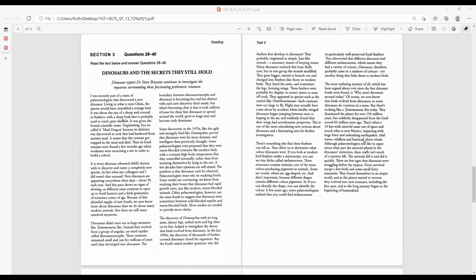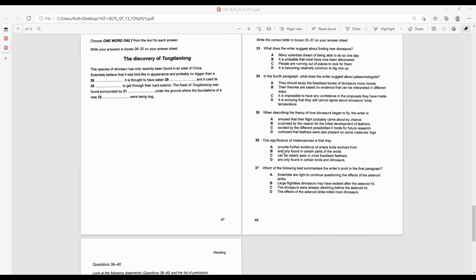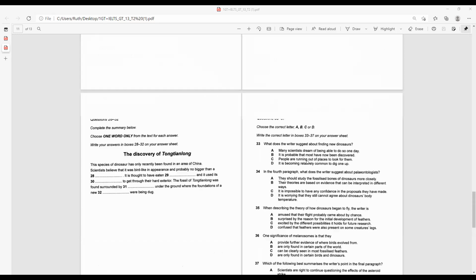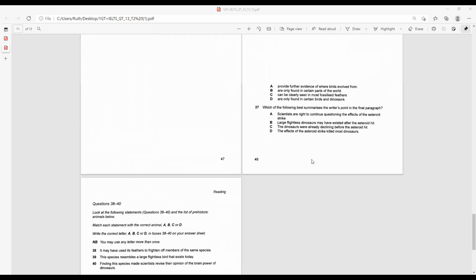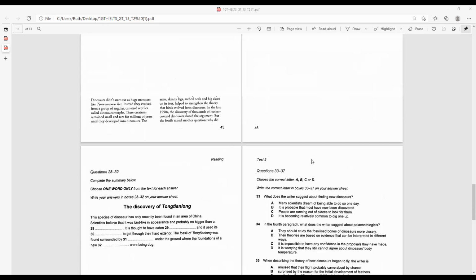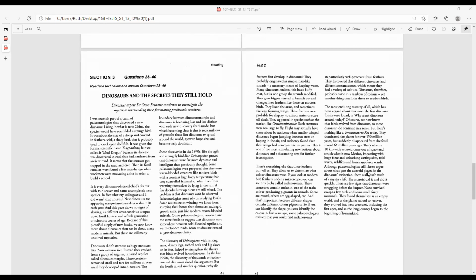After you skim through, you go to your question and look at the options. Provide further evidence of where birds evolved from, can be found in only certain parts of the world, can be seen clearly in most fossilized feathers, are only found in certain birds and dinosaurs. So for question number 36, what's the answer? A is the answer.